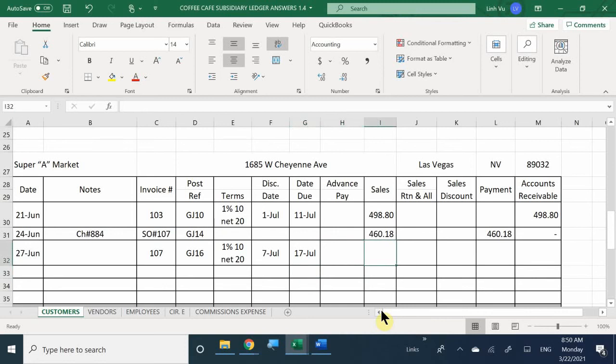And so here, this is where we have to place in our prepaid and what the total amount of the invoice was for, which was 920.35. Therefore, if I pull down my formula, it should automatically calculate the sales minus the prepaid to give us a total of 460.17. Okay.